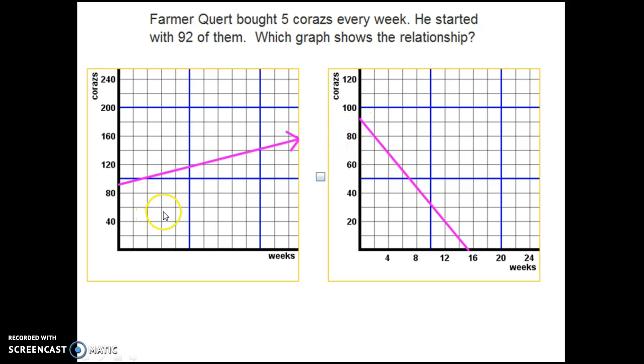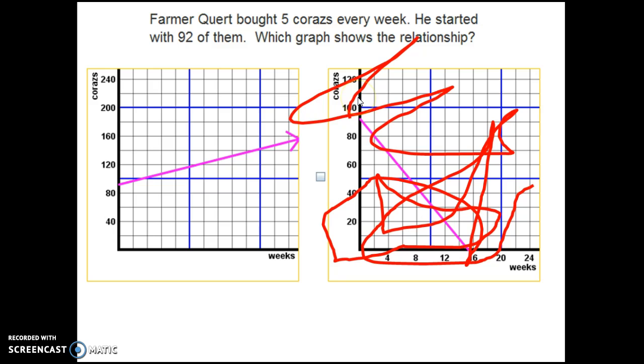However, in our first graph, notice how we're going up. So as the weeks continue, we are getting more Corazes added to what we have. However, on the second graph, we're going down, so we're losing Corazes. Because Farmer Quirt is buying Corazes, this second one isn't going to work for us.